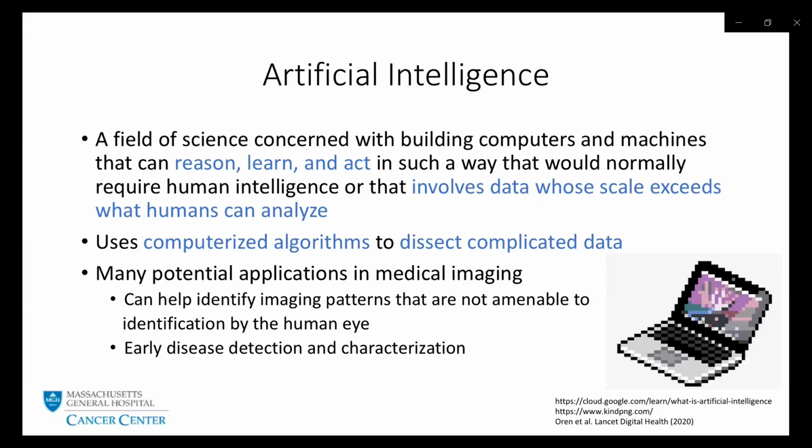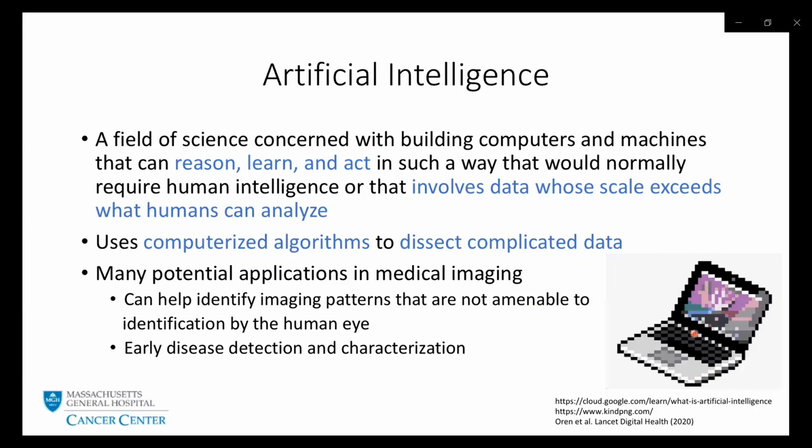AI has many potential applications in science and particularly medical imaging. If you think about an image or photograph, such as the image of this laptop, it consists of many small components known as pixels or voxels. It's ultimately the constellation or arrangement of these pixels and voxels that create the image.